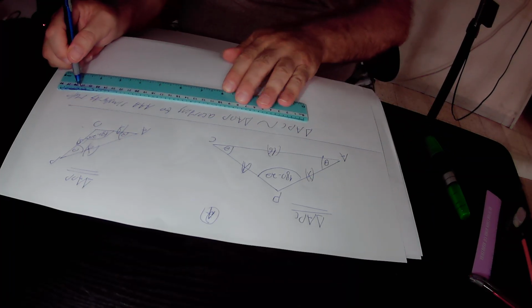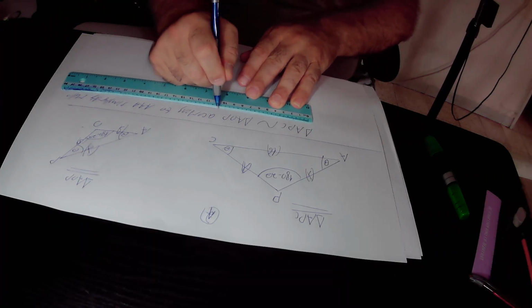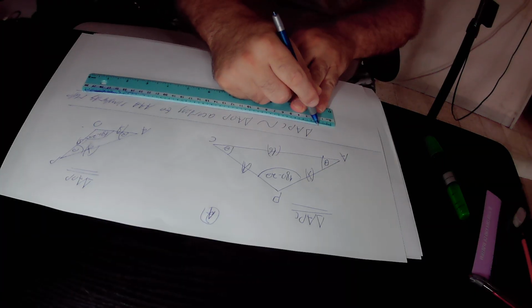And from the fact that those two isosceles triangles are similar to each other, we will derive that the following relationship exists between their sides.